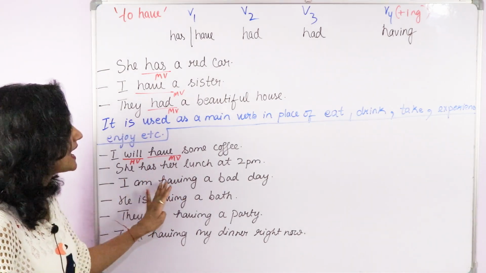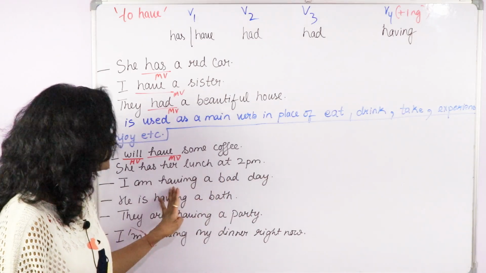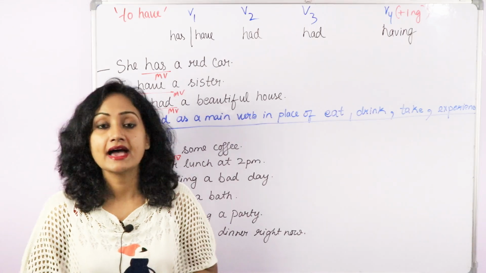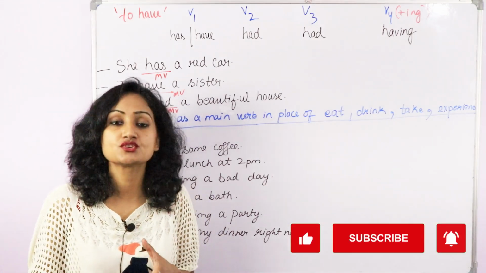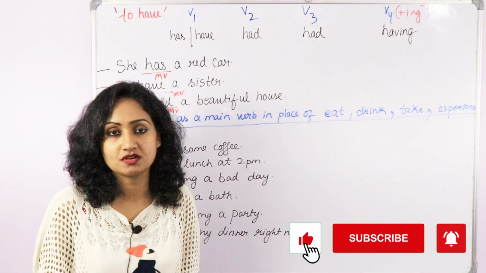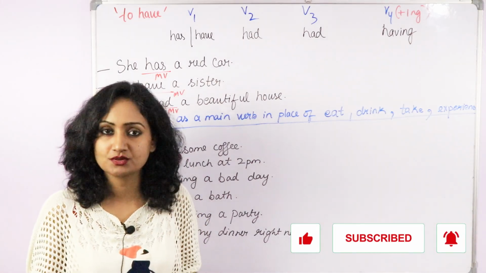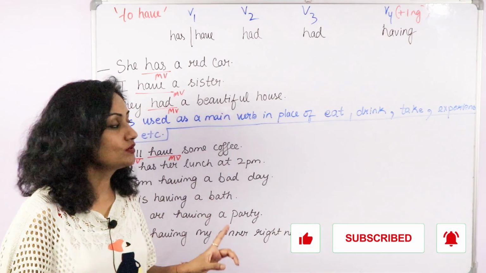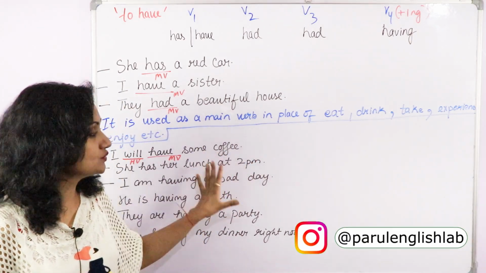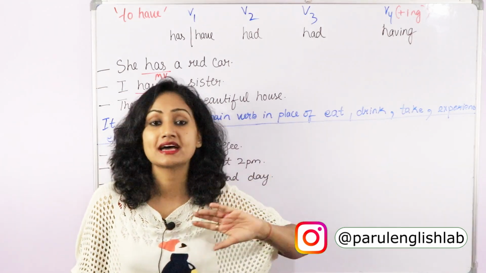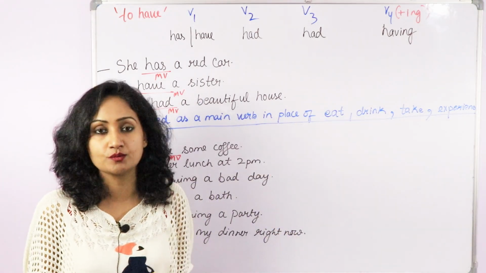Next is, I am having a bad day. So here I have used have with ing. Let me tell you one thing, have is a stative verb, okay? It shows a state rather than an action. And we know that stative verbs can't be used with ing forms. But here, only when it is used in place of these verbs, because all these verbs are dynamic verbs, they are action verbs.